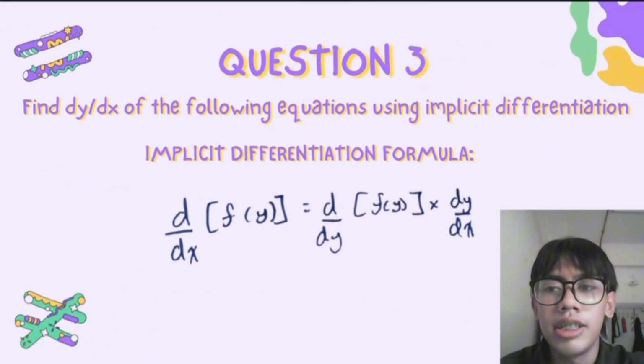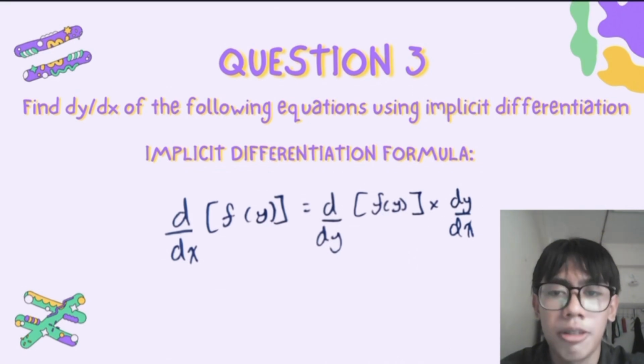Now let's take a closer look at the formulas we will be using to solve question number 3. To start with, the first formula is the implicit differentiation formula as shown on the slide, which is d/dx[f(y)] equals d/dy[f(y)] times dy/dx.